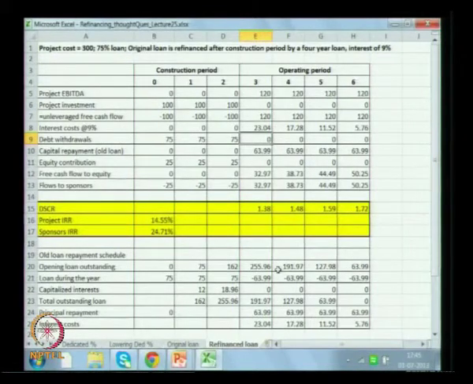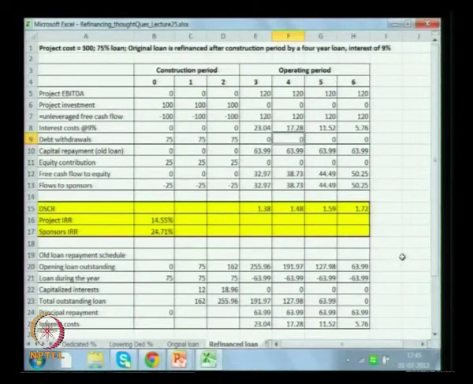So, we therefore have to calculate the interest for year 4 based on this opening loan outstanding. So, for example, we have to calculate 9% of this opening balance, which is 17.28. So, you calculate all the values for the remaining periods as well.